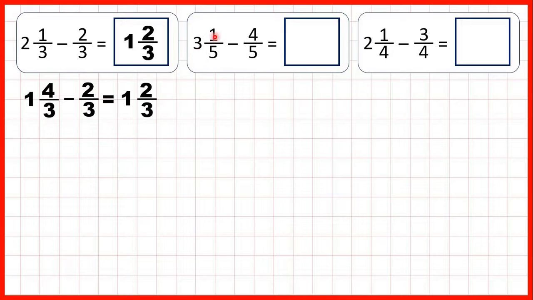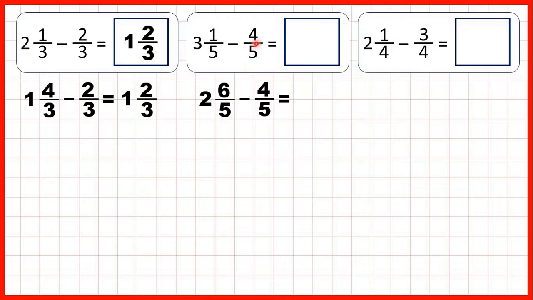Next we have 3 and 1/5, and we need to subtract 4/5. But if we only have 1/5, we can't take 4/5 away. So we need to exchange one of our wholes for 5 more fifths. 1 less than 3 is 2, and that means we have 5 more fifths, so we can add the denominator to the numerator. 5 plus 1 is 6, so 2 and 6/5 is the same as 3 and 1/5.